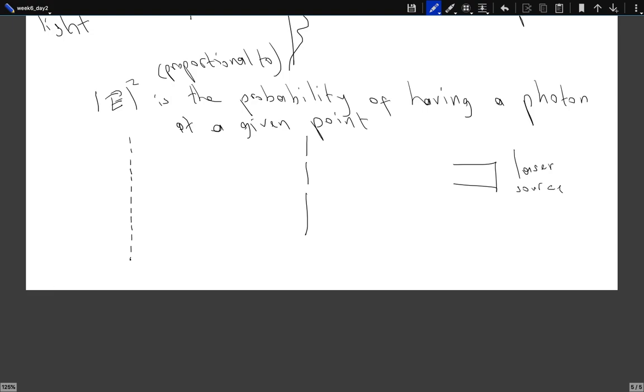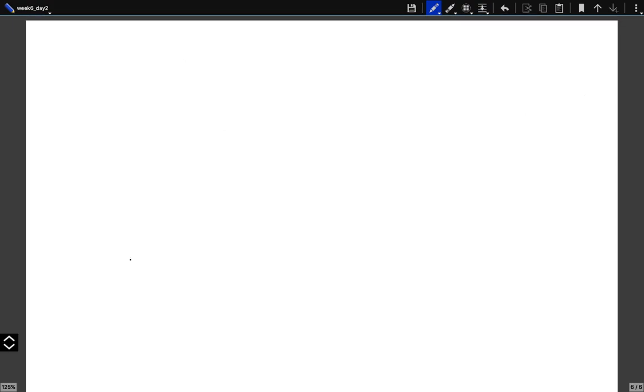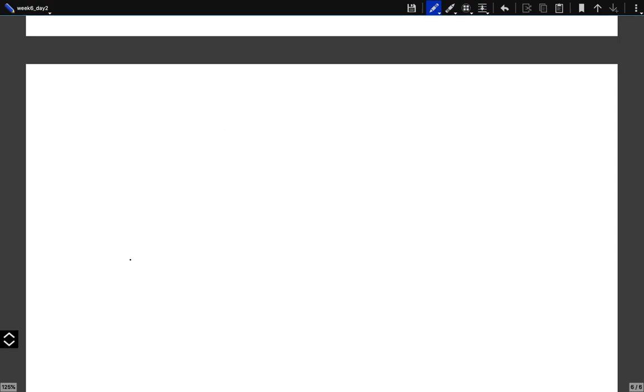If a wave behaves like a particle, can a particle behave like a wave? That will be the opposite question, but that is probably in a couple of weeks. We will start discussing that. Other questions? Now, before we discuss the wave properties of particles, let's discuss some other interactions of waves and particles.